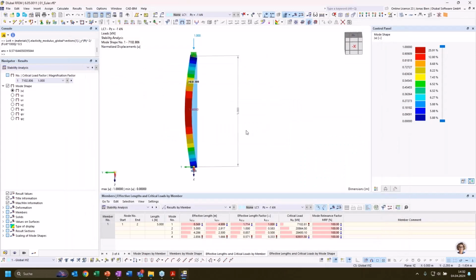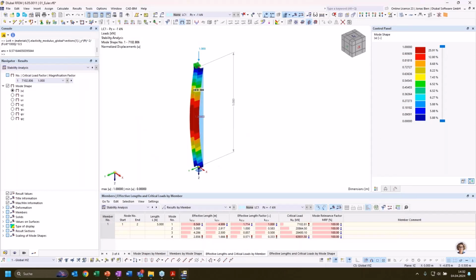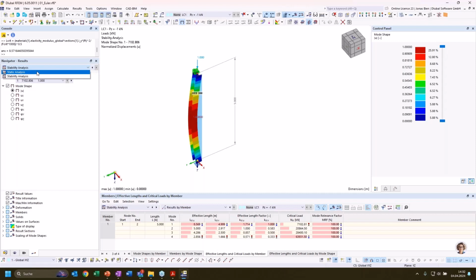All right. Of course, when we are working with other nonlinear elements such as tension rods or buckling members, these are taken into consideration or not according to their state in the static analysis.